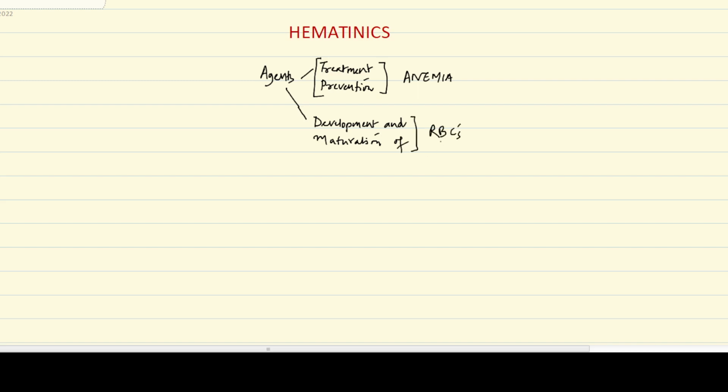Okay? The red blood corpuscles. Okay? So that's how we define hematinics.